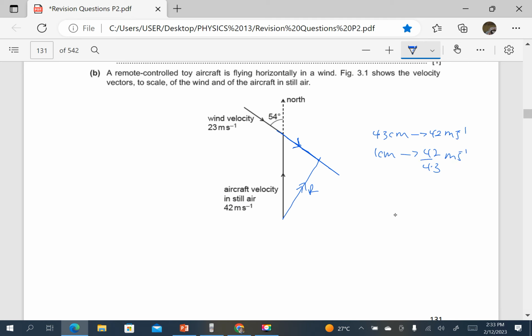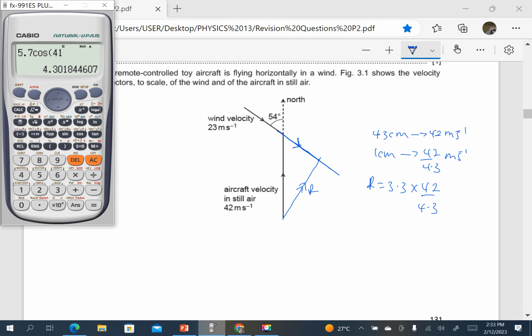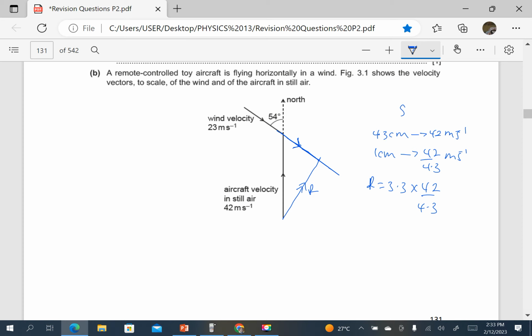So I'm measuring the length, which I've labeled R, and multiplying it by the scale to get the resultant. So R is equal to 3.3 times the scale, which is 42 over 4.3. This is method 1, using a scale.